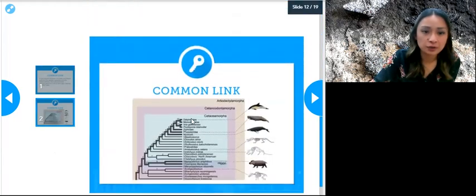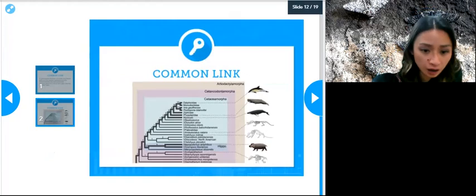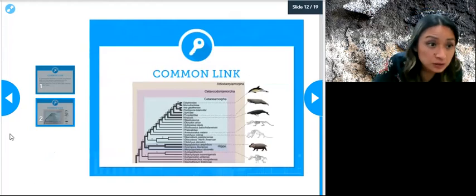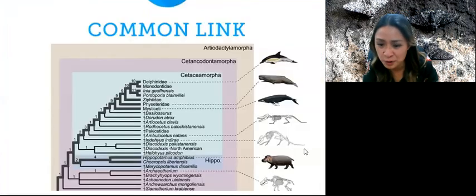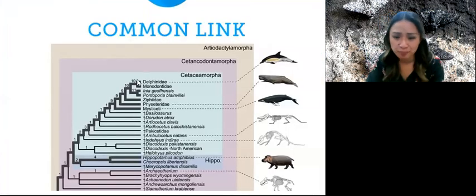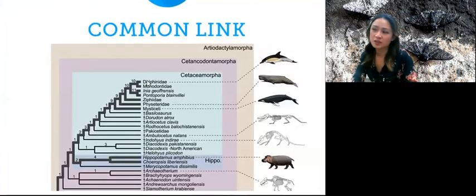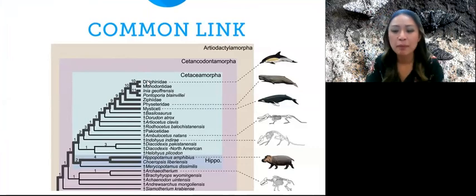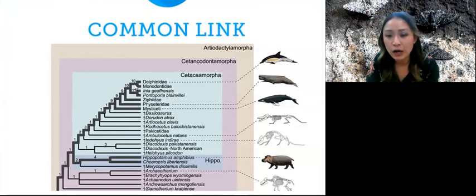So here we've got, let me see if I can zoom in. There we are. Here's the common link, right? So this is showing you where the hippo is. This is what we can think of as an evolutionary map of how living things are related.